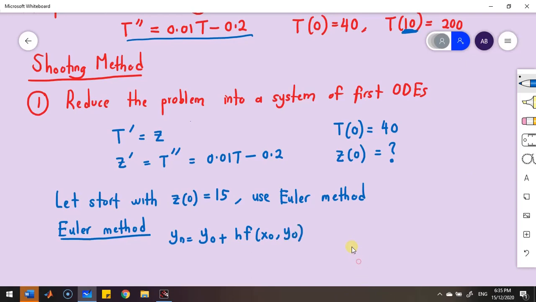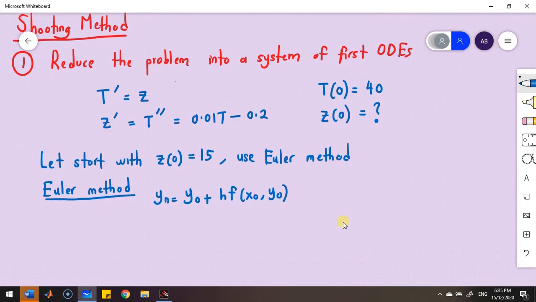But now my equation involves T, so I'm going to write it as Tn equals T naught plus h f of x naught, T naught. This is how I relate it to the equation given.